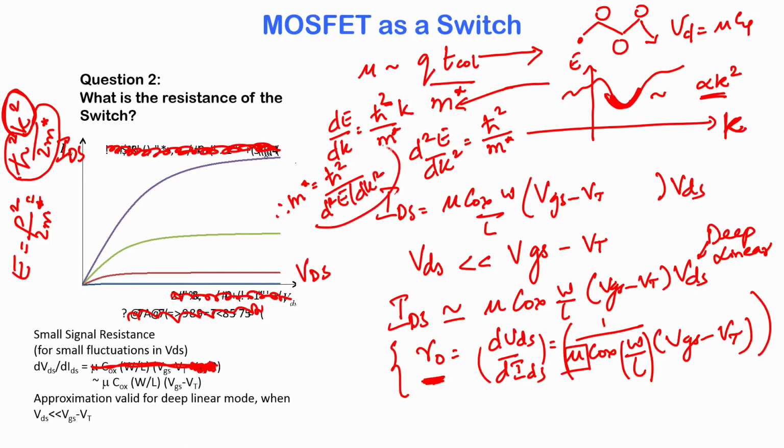So the shape of the E-k diagram is directly going to impact the output impedance of your MOSFET. So that is your mu, right. What is Cox?